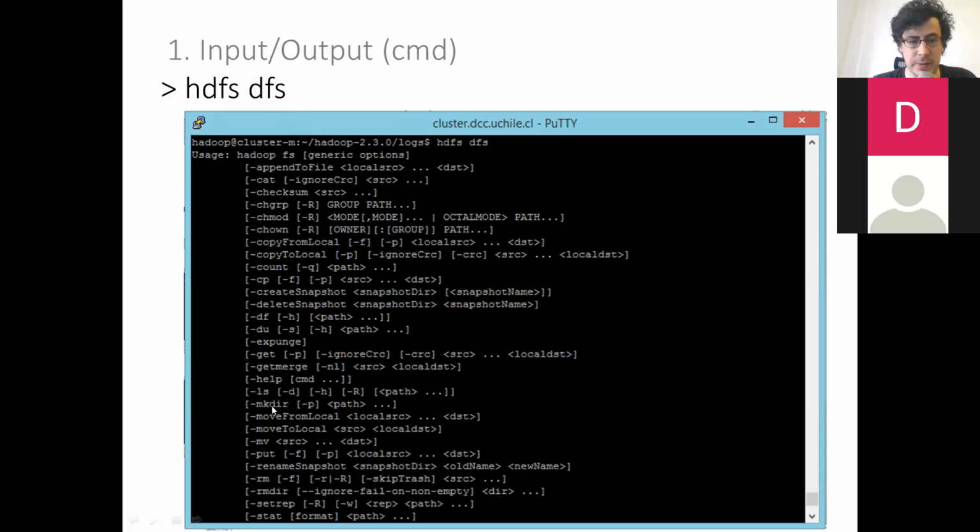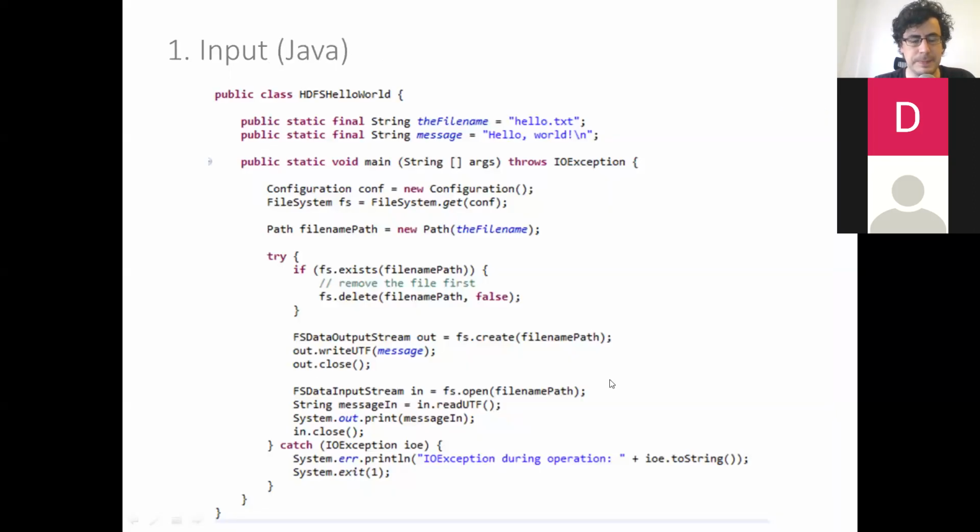We can make directories with mkdir and so forth. So we can see the commands and their arguments. We would type, for example, hdfs dfs -cp to copy a file from a source to a destination.